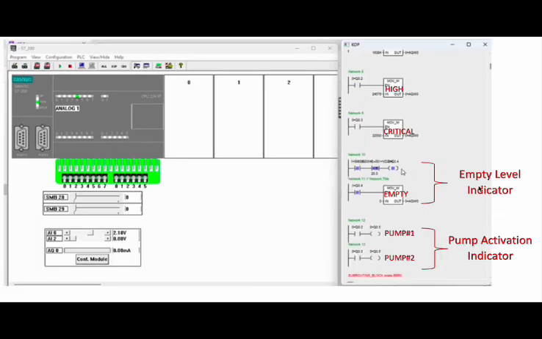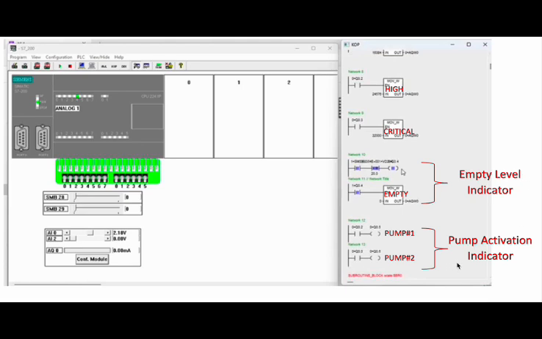Then here we have the empty level indicator. It indicates that the water storage tank or reservoir is empty.